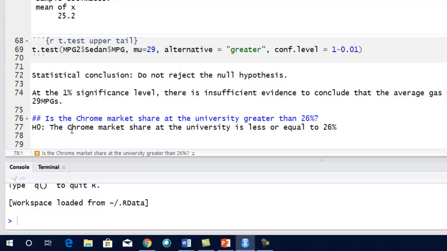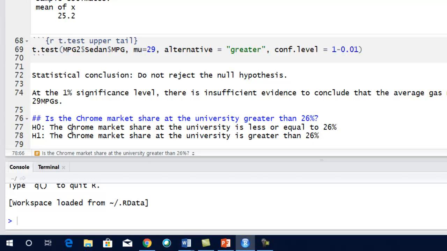The alternative is going to be exactly what we're trying to prove, or the evidence that we're trying to find. So we're going to say the Chrome market share at the university is greater than 26%.